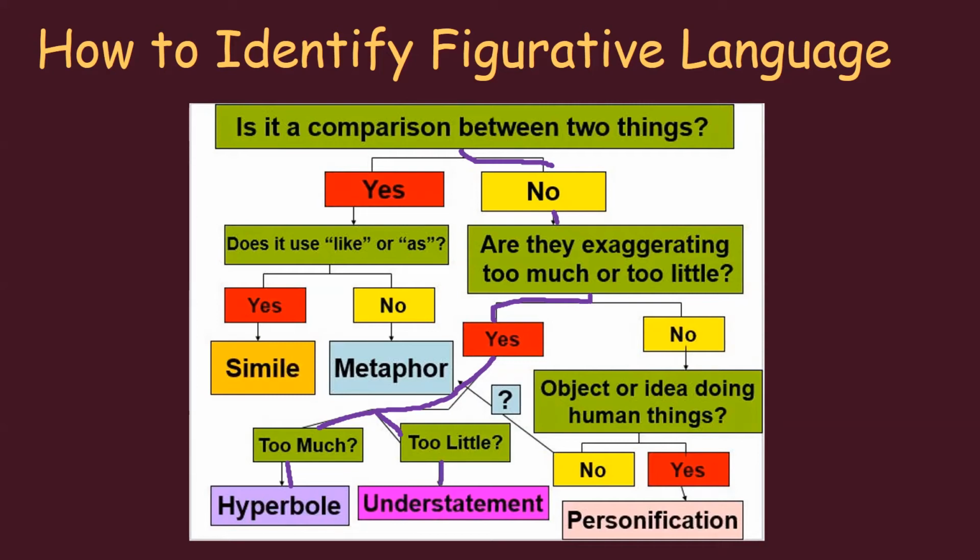If it's being exaggerated too little, then that is called an understatement. Going back up, if the answer to exaggerated too much or too little is no, then could that object or thing or idea be doing human things? If yes, then that is a personification. If not, then that is a metaphor.